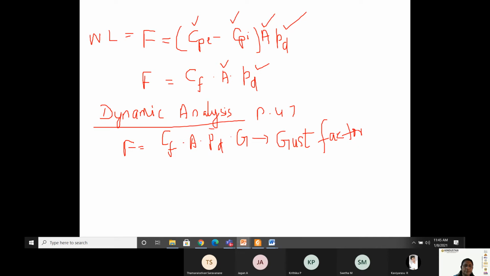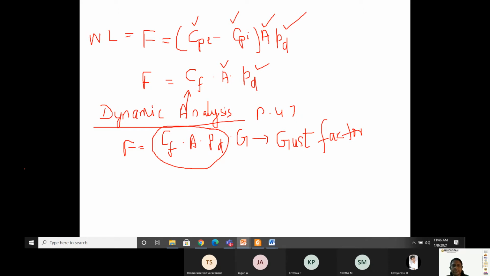These three terms are the same, isn't it? Similar to this. If it is a static analysis, it is Cf into A into Pd. But when it comes to a dynamic analysis, the same Cf into A into Pd is multiplied with another factor known as the gust factor. That gust factor includes all the dynamic effects on the building.